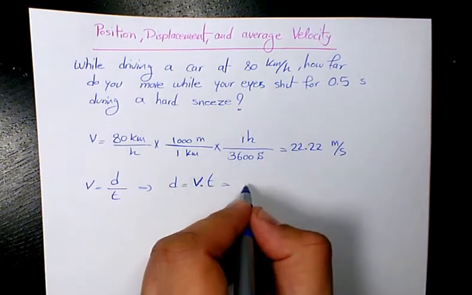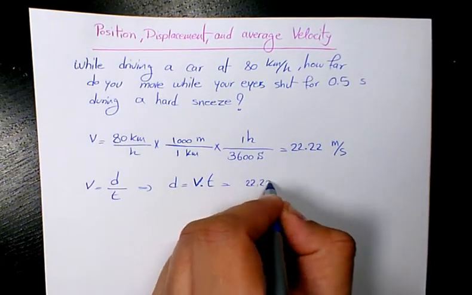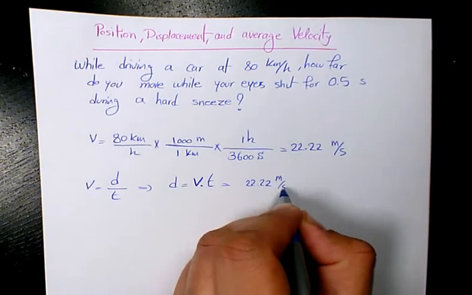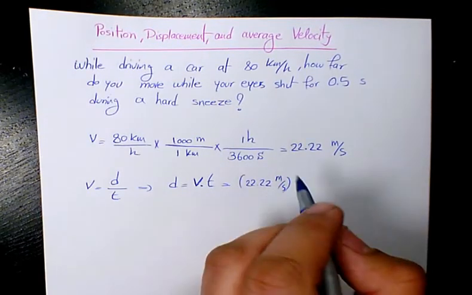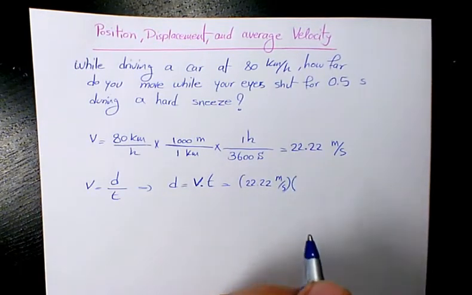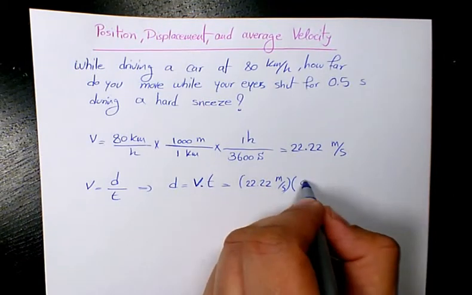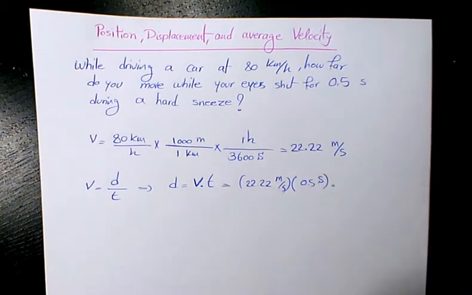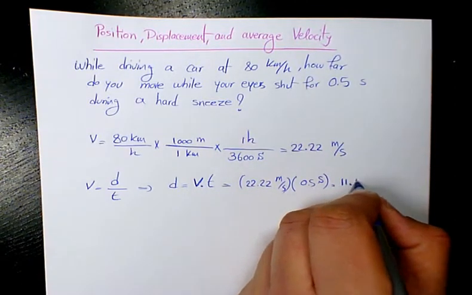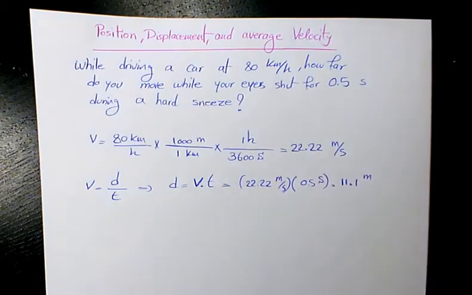So d is going to be 22.22 meters per second times 0.5 seconds. So it's going to be 22.22 times 0.5. That's going to be 11.1 meters. So the final answer is 11.1 meters.